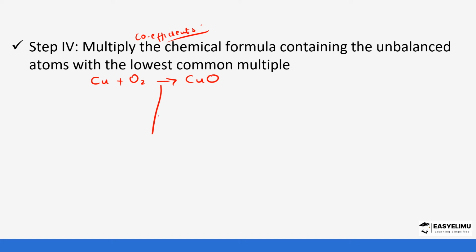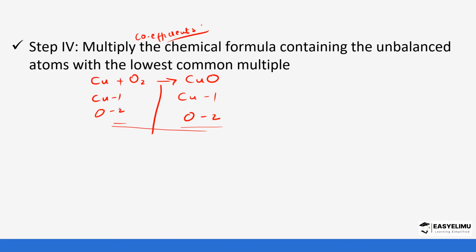We separated this. We said copper we have one, oxygen two, copper we have one, and oxygen two. So our purpose is to balance the oxygen. When we balance the oxygen, the copper might be affected or not. So let's check that out.